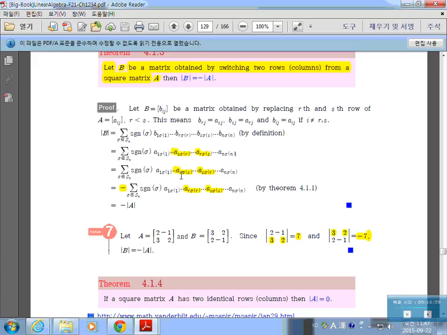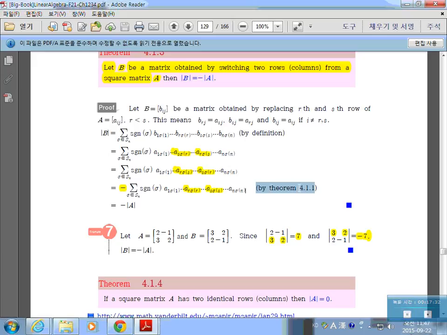And then we change the permutation of the 2 numbers here, and that gives a different permutation here. So this permutation changes, so the signature of sigma changes. That gives us the minus determinant of A.